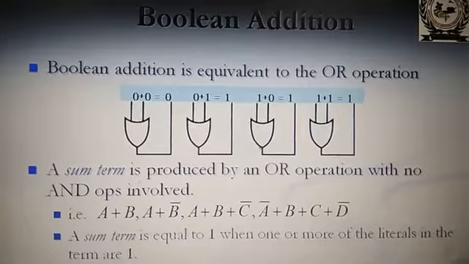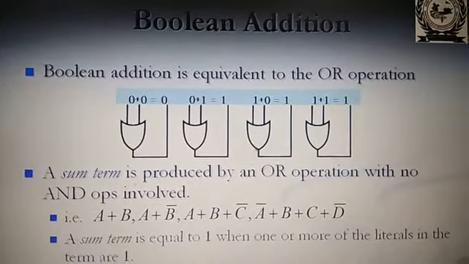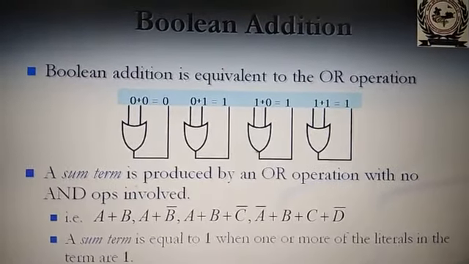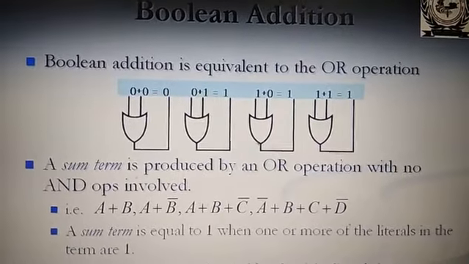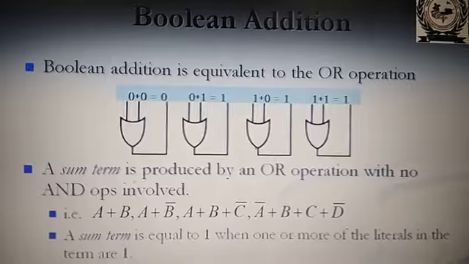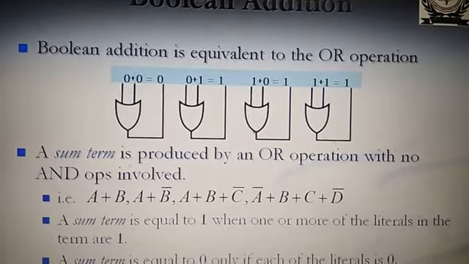2 input OR gate. A sum term is produced by an OR operation with no AND operations involved.